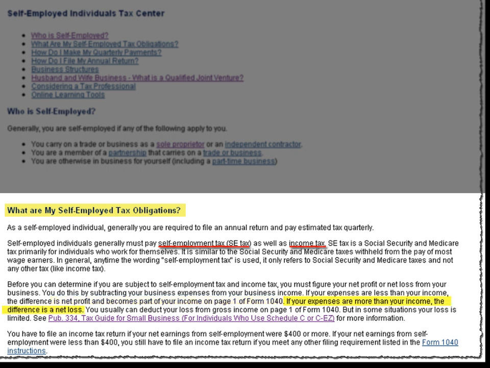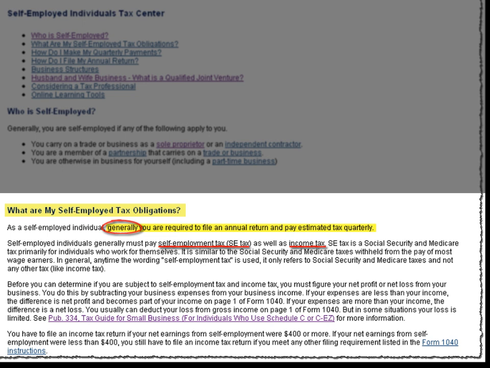If your expenses are more than your income, the difference is a net loss. Usually, key word, you can deduct your loss from gross income, but in some situations, your loss is limited. And generally, you are required to file an annual return and pay estimated tax quarterly.